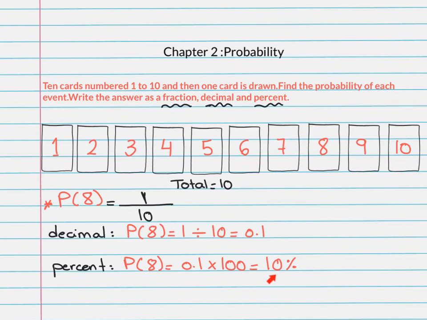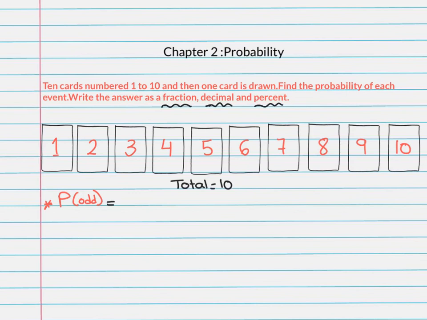Your minimum is 0. I cannot get a probability which is 110%, or for example 120%. Keep that in mind. So if you got a probability as a decimal more than 1, or as a percent more than 100, this means you have something wrong and you need to double check your answer.